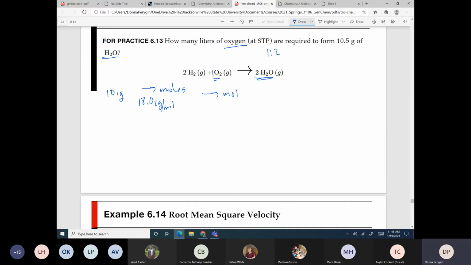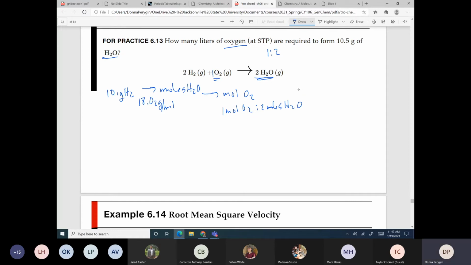So I've got 10.5 grams of water. So using 18.02 grams per mole, I'm going to convert to moles of water. Okay, and then I can go to moles of O2 from the balanced equation. That's 1 mole of O2 to 2 moles of water.